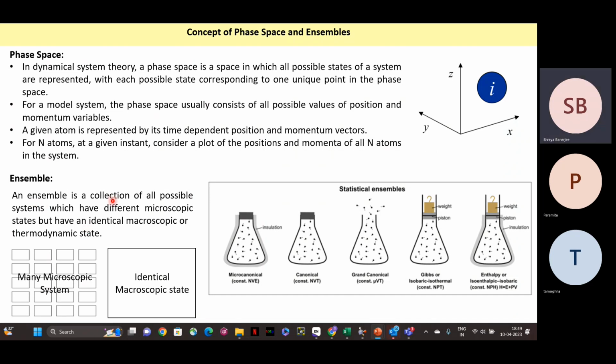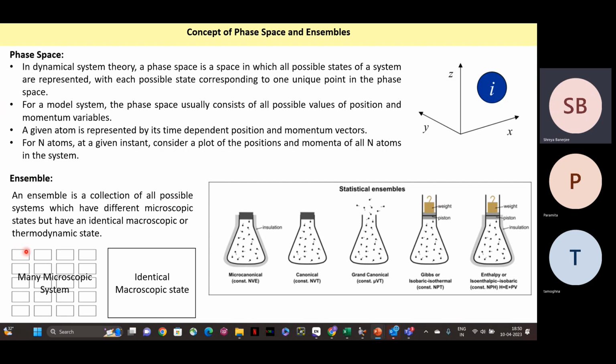An ensemble is a collection of all possible systems which have different microscopic states, but an identical macroscopic or thermodynamic state. So suppose an ensemble is a homogeneous solution.